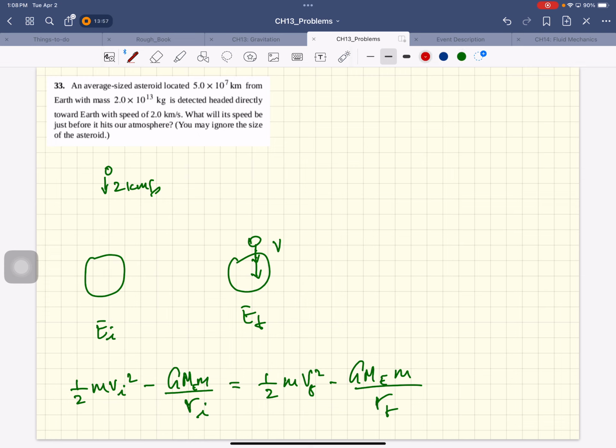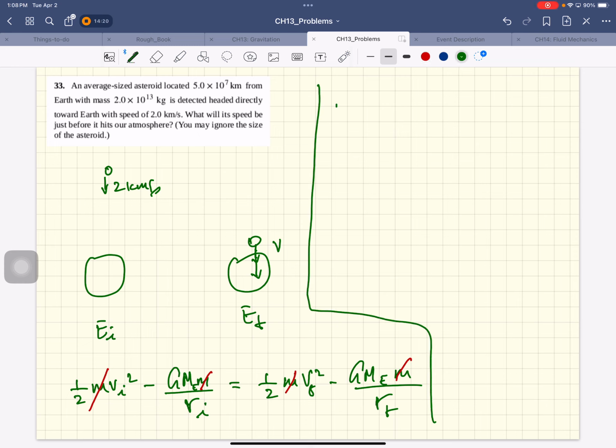Notice the mass of the asteroid cancels, meaning no matter what asteroid it is that starts it all, they all hit at the same speed, assuming they start at the same speed. Okay. All right.